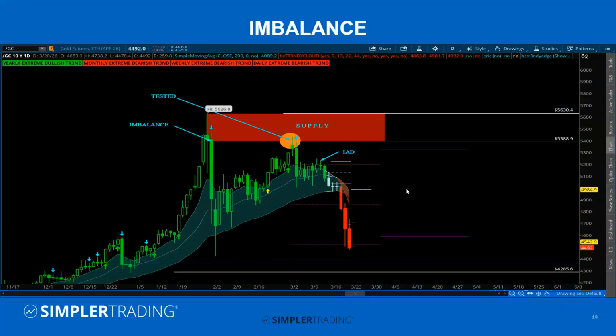Imbalance once again. This is gold futures. Notice this huge imbalance, guys. Notice price moved up to this imbalance here, which is supply. Notice we broke down, price went up, and then boop.